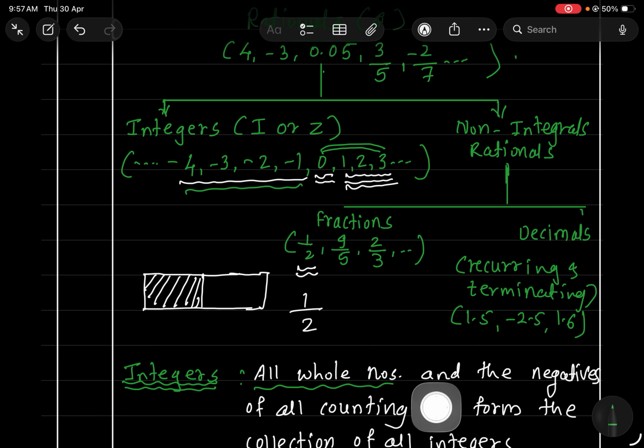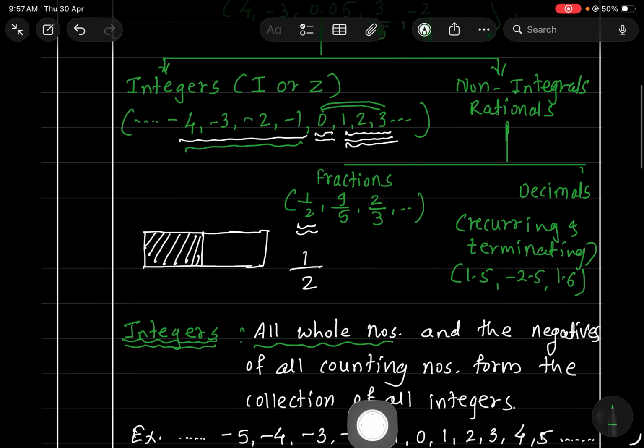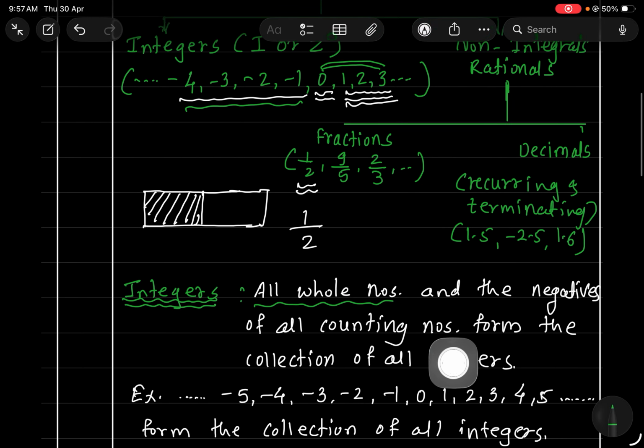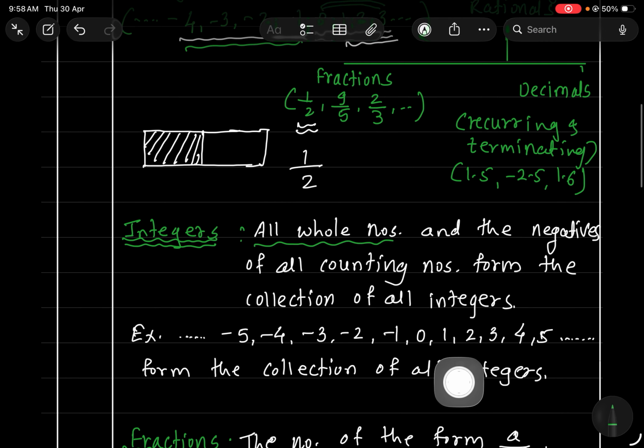See, all whole numbers and all the negatives, it is the same as what I explained. All counting numbers form the collection of all integers. So for example, minus 5, minus 4, the negative numbers, then 0 including this, make a whole number collection of all integers.